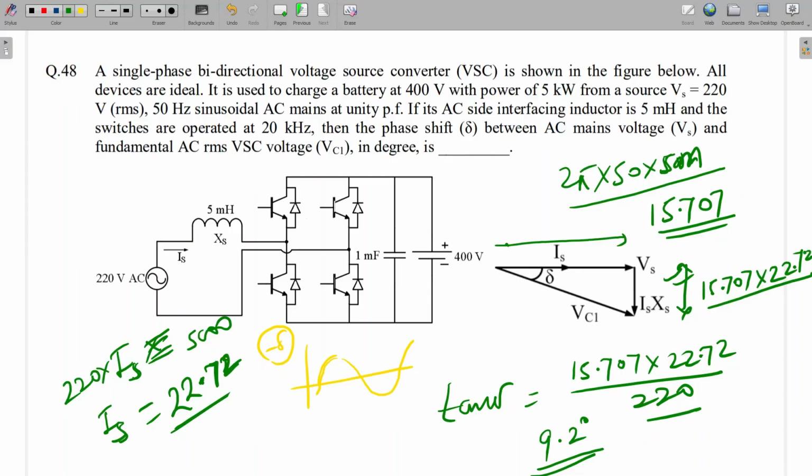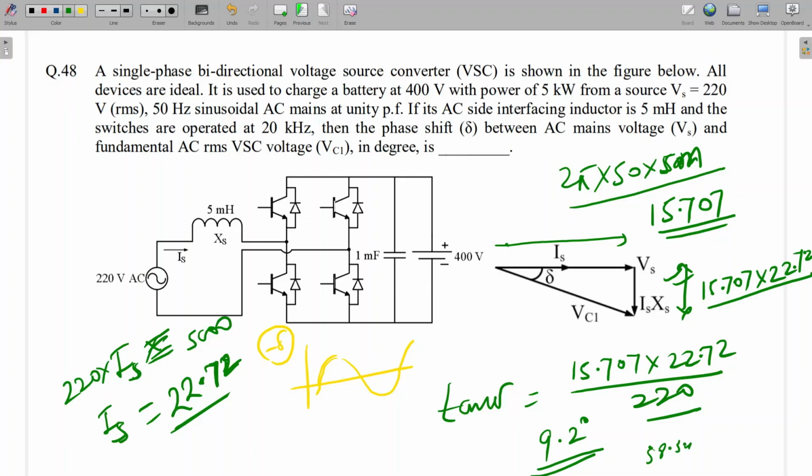Maybe some calculation mistake we have done. We'll see it again. 15.707, 58.34 degree. 72 divided by 220. 58.34 we are getting. That is incorrect, I think.